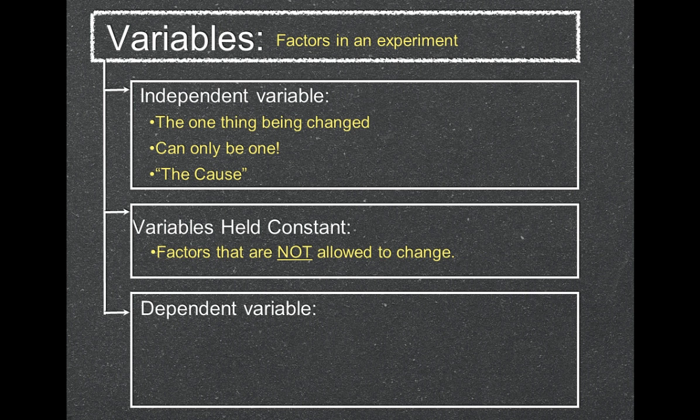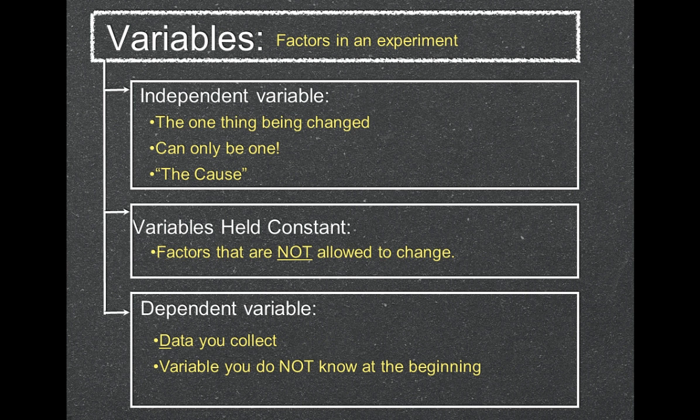Okay, that leaves us with one other category, the dependent variable. This is easy to remember because D, dependent variable, is the data you're collecting. In your experiment, the data you collect, the results of your experiment, are the dependent variable. Remember the D for data, and the I looks like a 1 because it's the one thing you change. I think that helps you remember the variables. Again, you don't know it ahead of time.